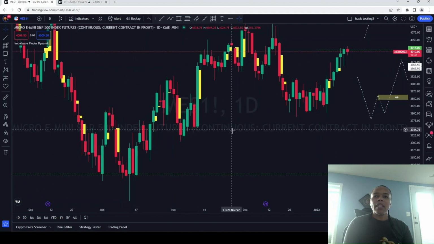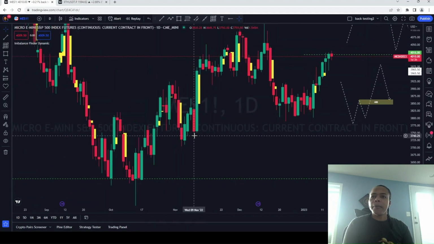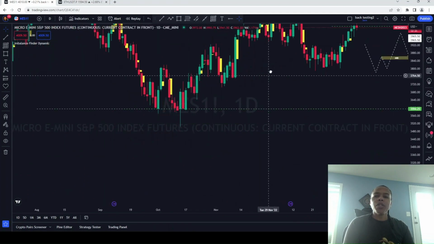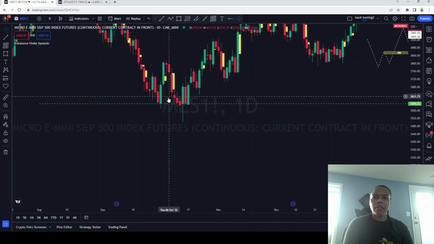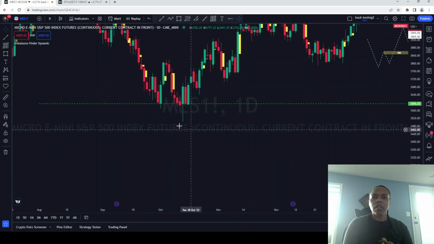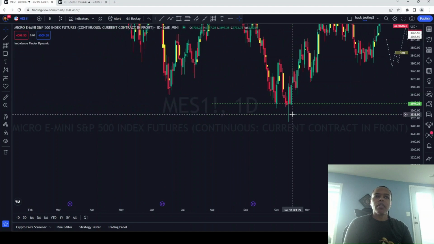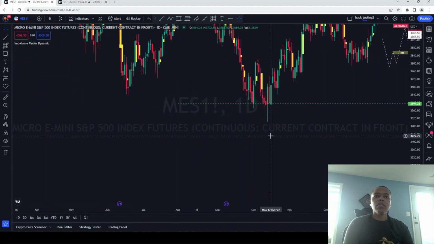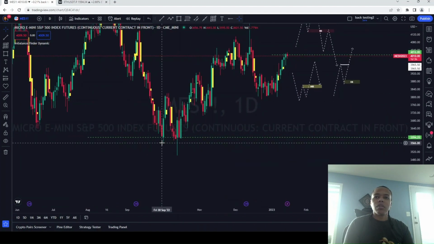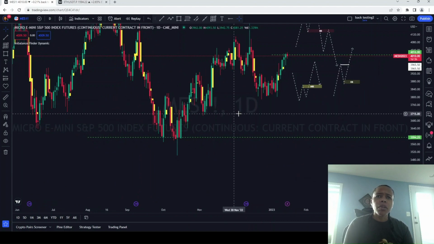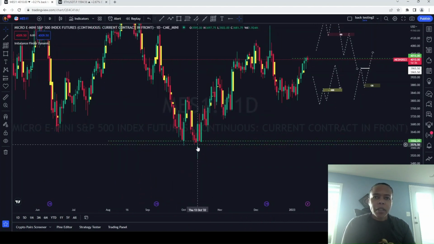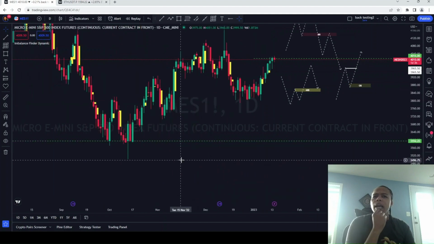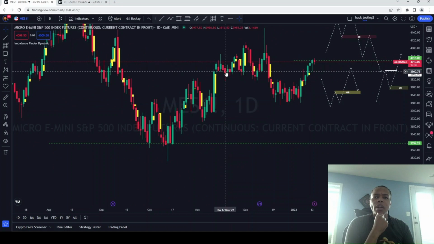So maybe right along here, right? Usually it's more important when it's coming in from an area where price found some support. So we see price found some support here, made this nice long wick, which is technically some sort of rejection block, and then it ran away.